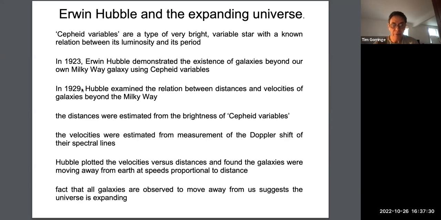The second famous conclusion was related to the expansion of the universe. If you examine these stars in different galaxies, you can determine the distance to the galaxies based on the brightness of these stars, and you can determine the velocity of those galaxies relative to Earth based on the Doppler shift of spectral lines from these stars.